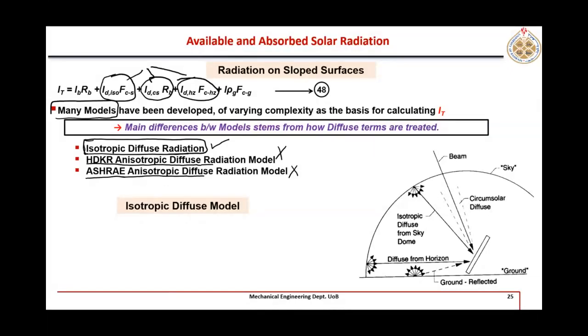This isotropic diffuse model assumes that all the diffuse radiation is coming only from the sky dome. So diffuse radiation from the horizon or circumsolar, we can simply ignore, and we consider all of it as actually coming from the sky.